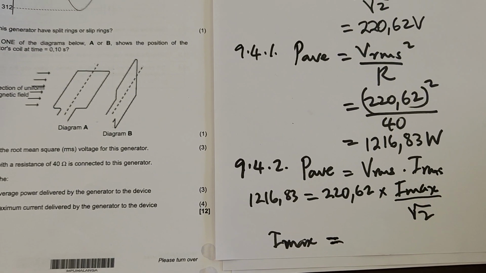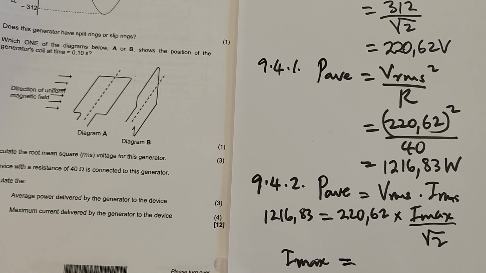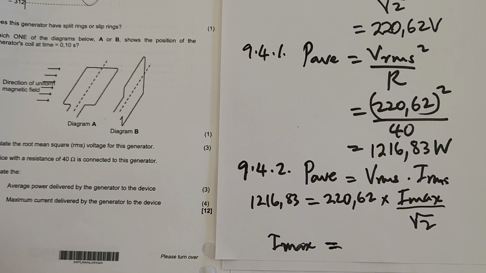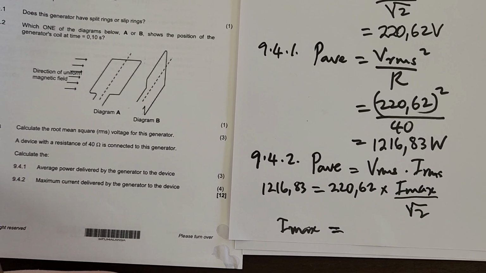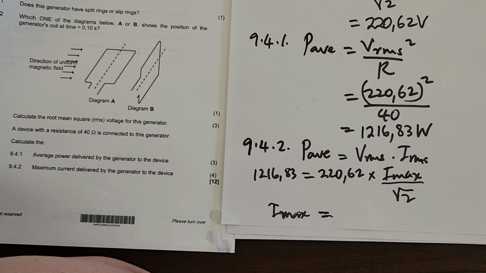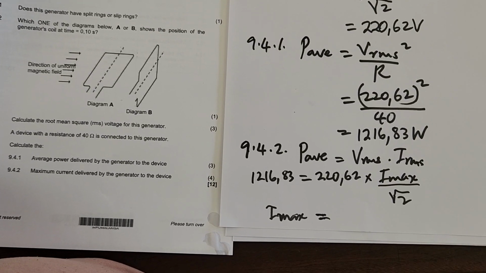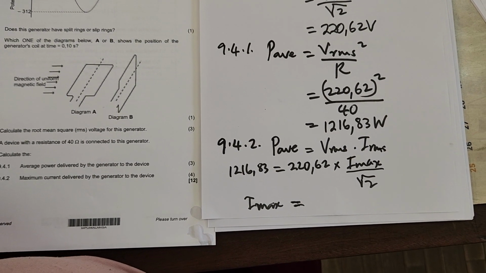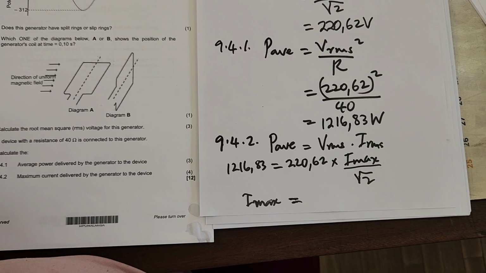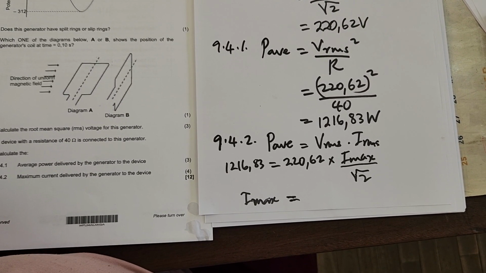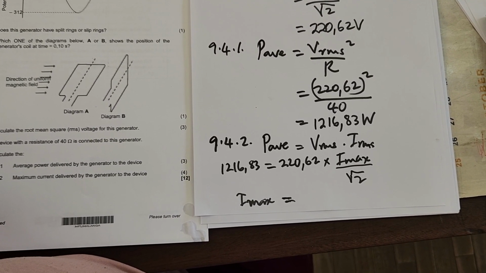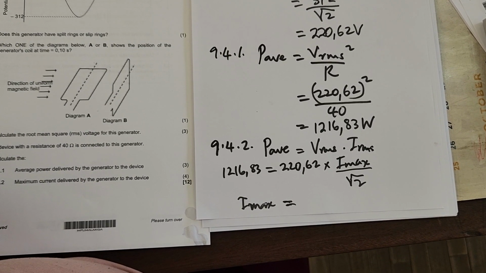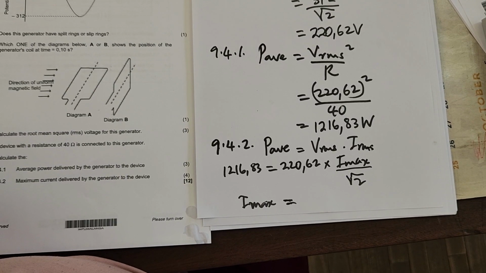In this case, use your calculator while I'm trying to use mine here. It's 1216.83 multiplied by root 2.